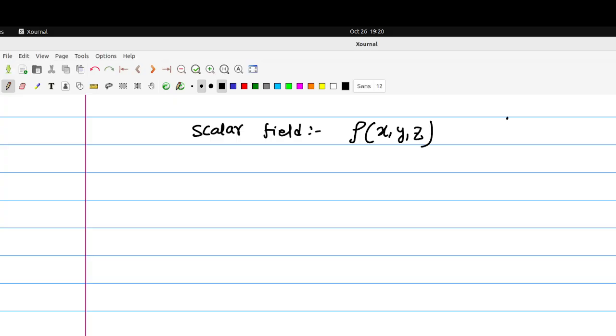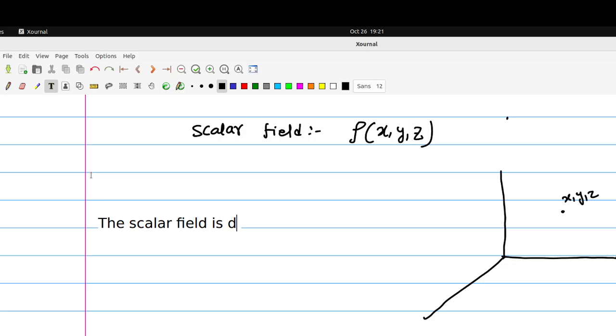So this is a Cartesian coordinate and the value of rho depends on where we are. If you give me the xyz coordinate, there I can tell what is the value of rho. So what is the meaning of scalar field? The scalar field is defined in a coordinate system.